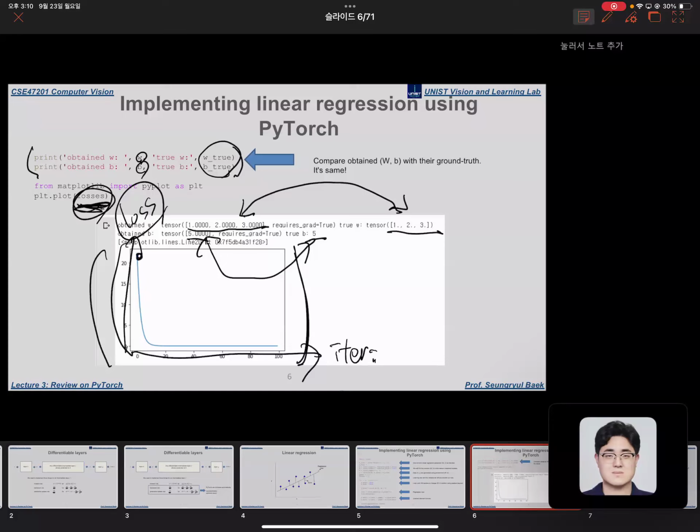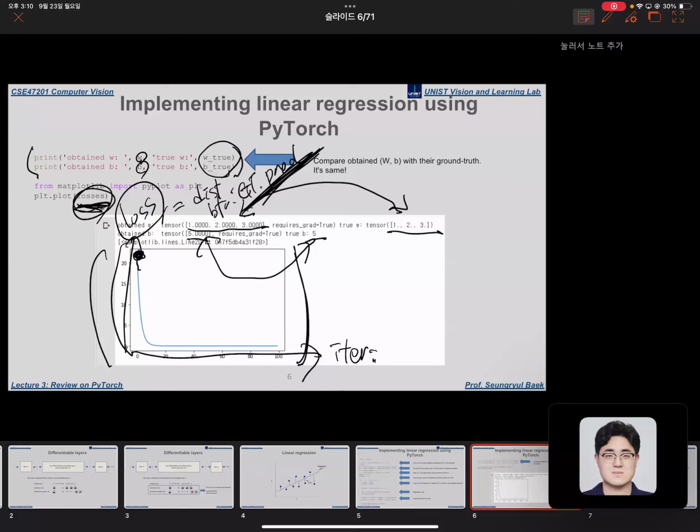You can find that losses are quite high, which means the distance between ground truth and our prediction is very high at the initial step, because our parameters, which are W and B, are randomly initialized at the first stage.